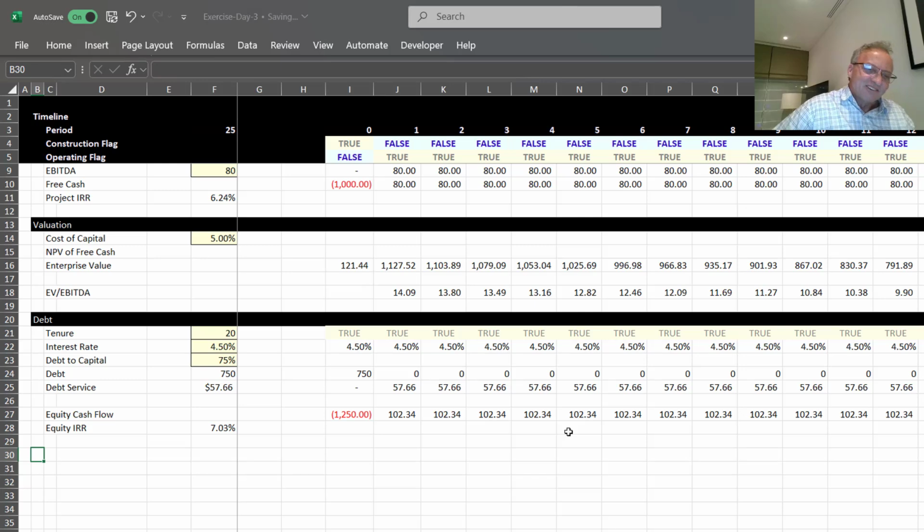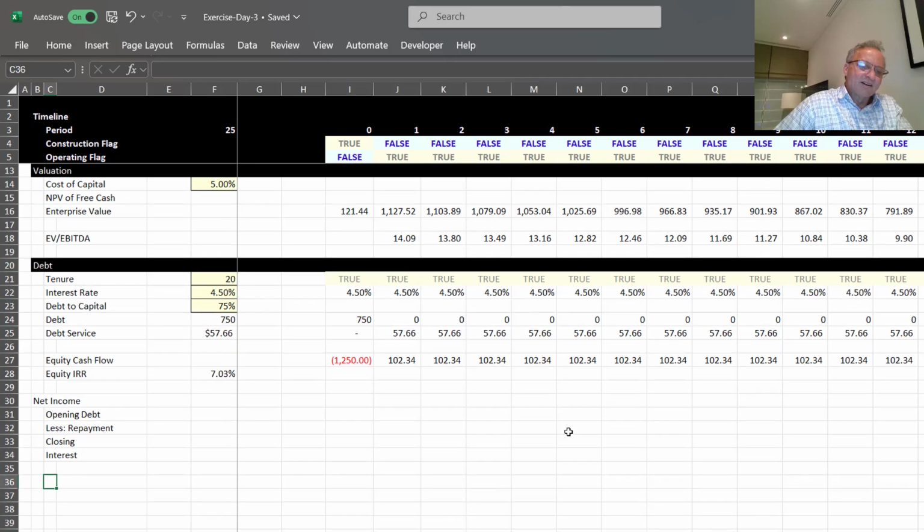And let's put net income. So to get our net income, the first thing we can put is our opening debt and put less the repayments and put the closing and put an interest. And then after we get our interest, let's put a depreciation, and we'll just make it a depreciation expense.